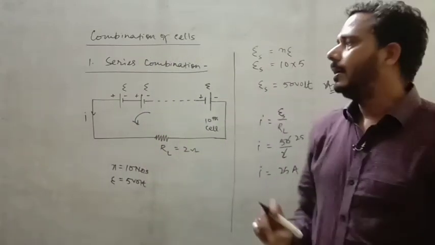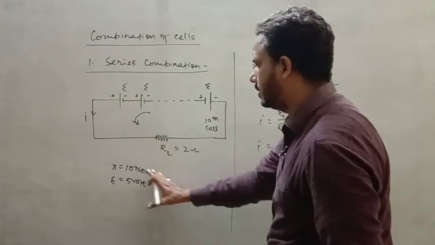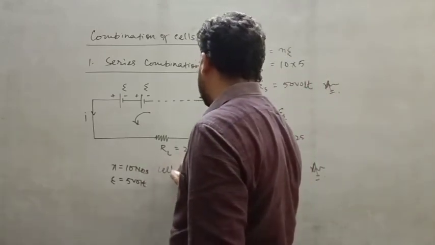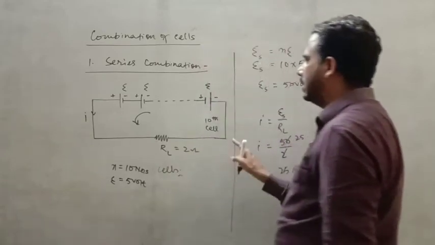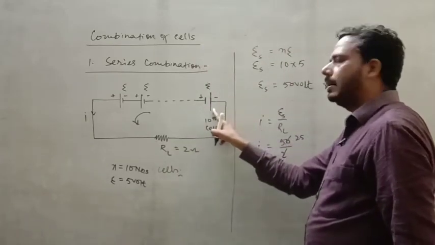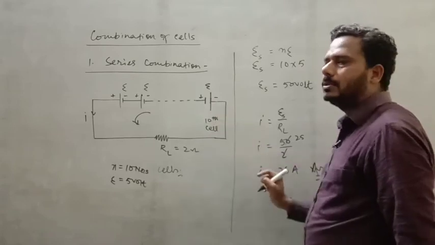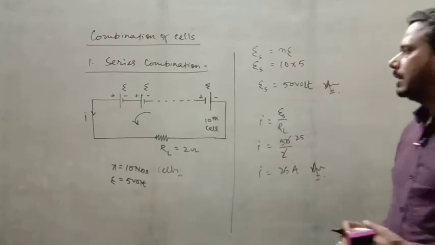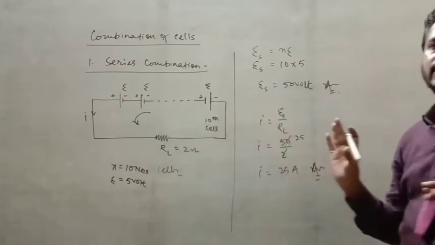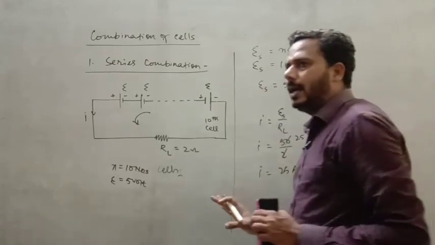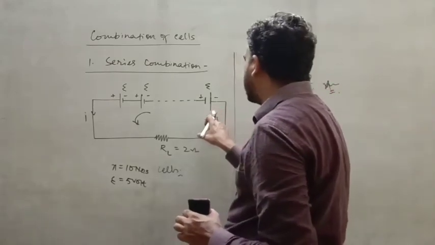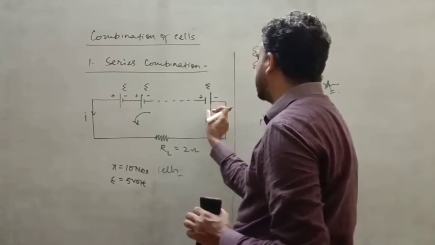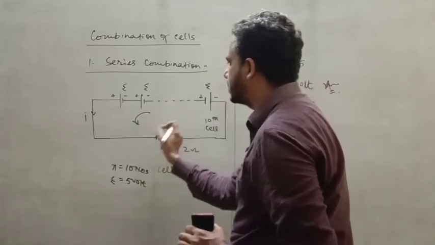Initially you have 10 cells, but one cell is inverted in the combination. So right now you have 9 cells, and this inverted cell cancels its previous one.